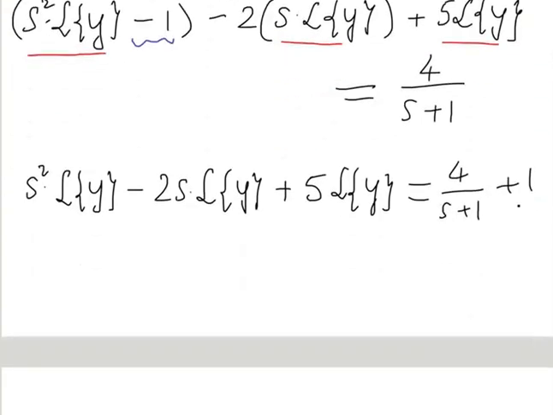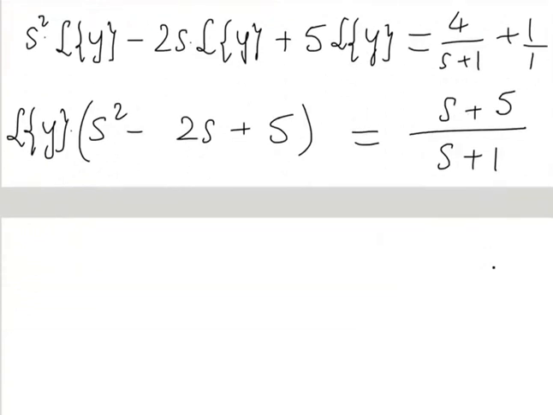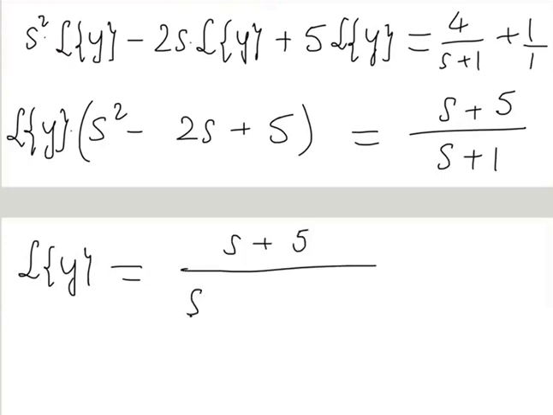Simplify this. We think of 1 as 1 over 1, and then use a common denominator. Factor the Laplace transform out, and we have s squared minus 2s plus 5 equal to, you should be able to do this, s plus 5 over s plus 1. Now solve for the Laplace transform. We have s plus 5 divided by (s squared minus 2s plus 5) times (s plus 1).